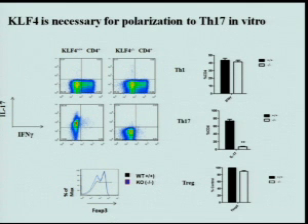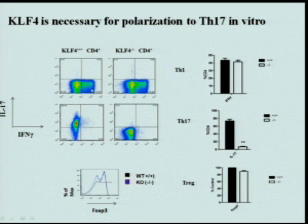naive CD4 positive T cells, and used artificial stimulation in vitro using anti-CD3, anti-CD28 stimulation with cytokines polarizing towards Th1, Th17, or Tregs, and compared the ability of the wild type CD4 T cells and the knockout CD4 T cells to polarize towards gamma interferon secreting, IL-17 secreting, or FOXP3 expressing T cells.